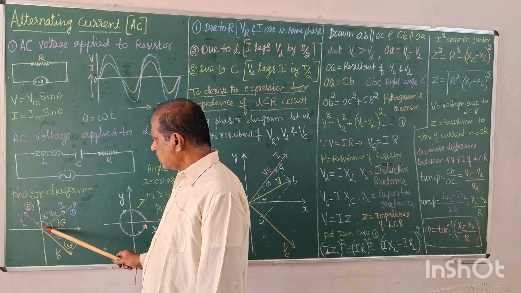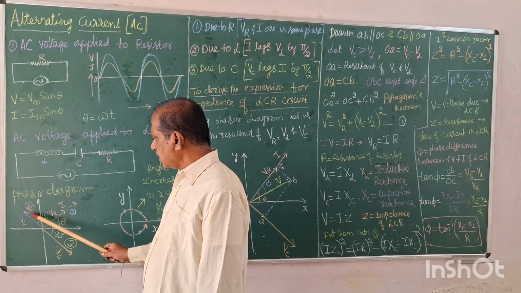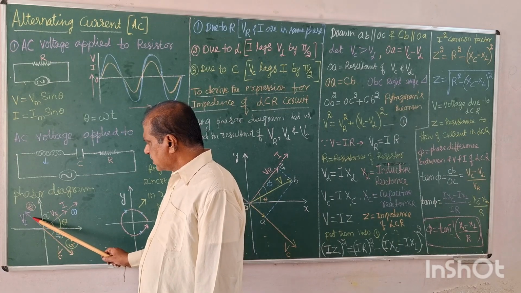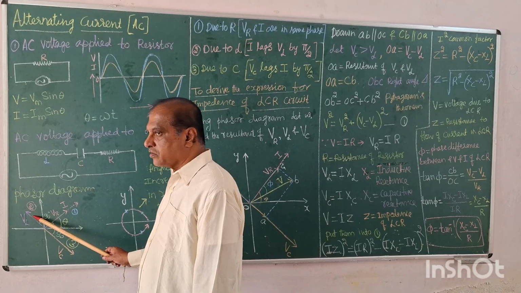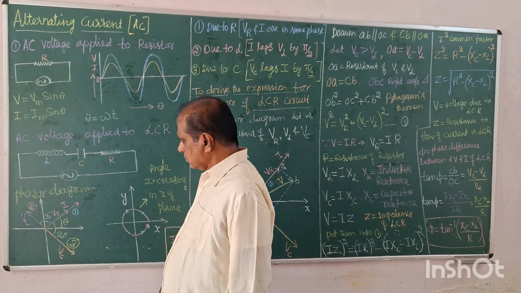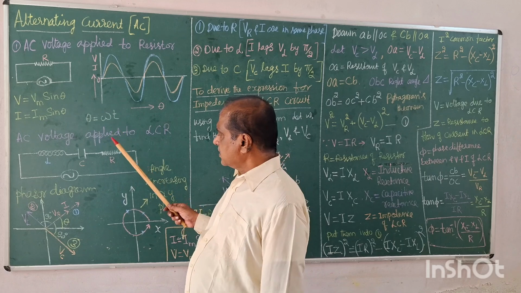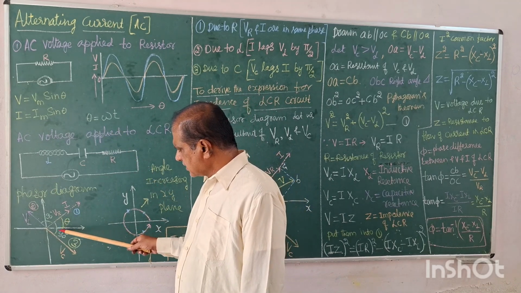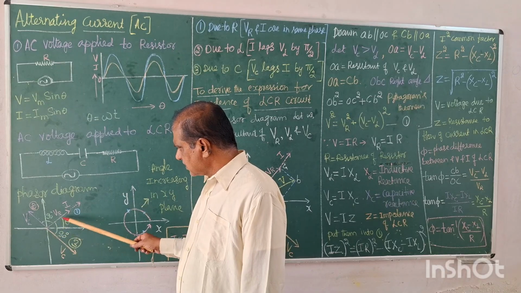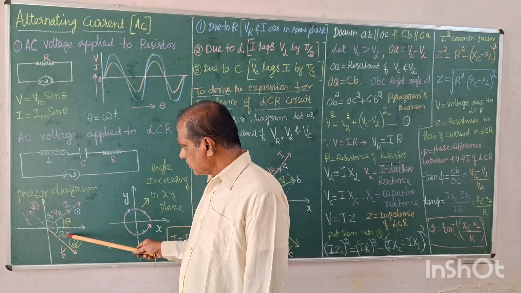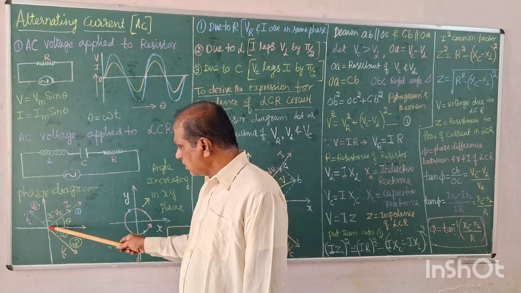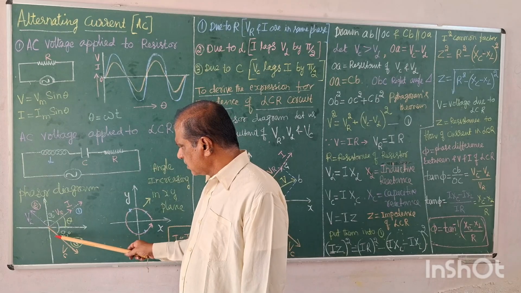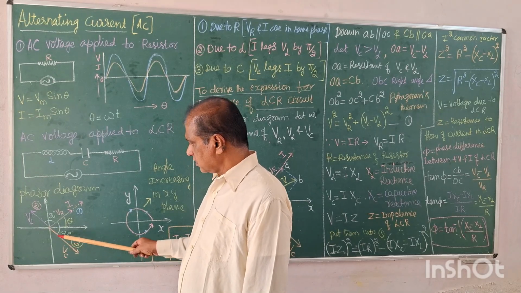Then we have to draw a straight line perpendicular to this, that is 90 degrees. This line will represent the voltage for the inductor. Similarly for the capacitor, the voltage lags the current by 90 degrees. Then we need to draw a straight line perpendicular to this, in this direction, 90 degrees. This line represents the voltage in the capacitor.